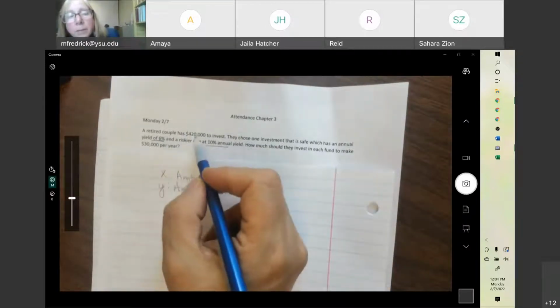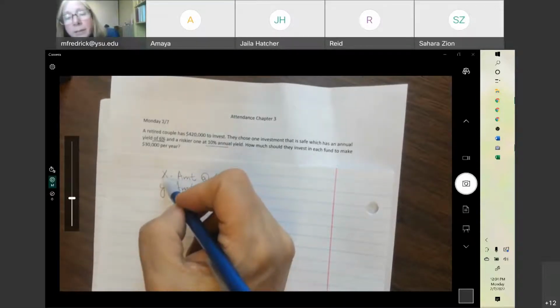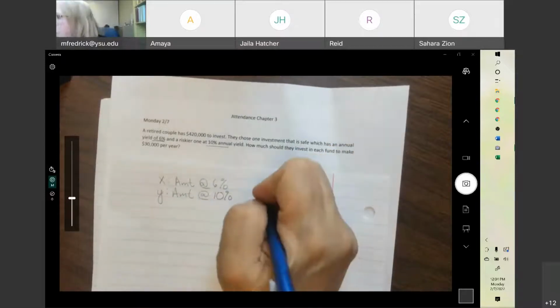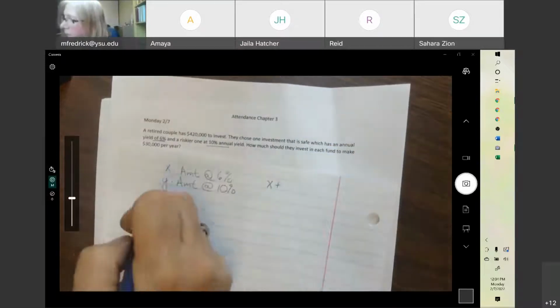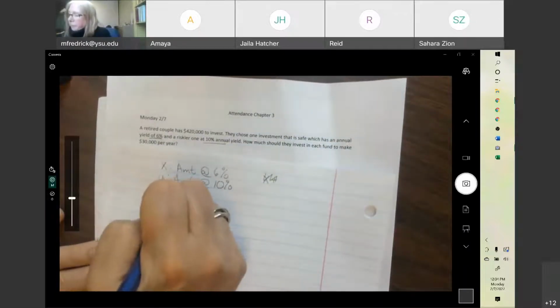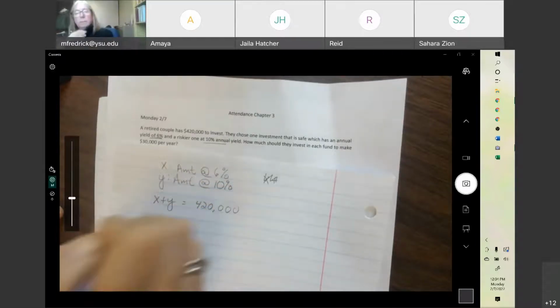A couple has 420,000 to invest. X is the amount they invest at 6% and Y is the amount at 10%. So X plus Y has to equal the 420,000.